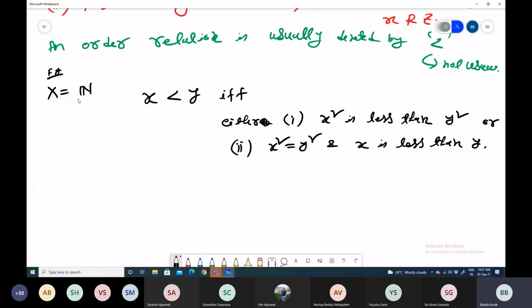Now can you tell me what will be the ordering of natural numbers? Or sorry, not natural numbers, it is not interesting. Z. Now can you tell me what is the least element of this set? Yes, 0.